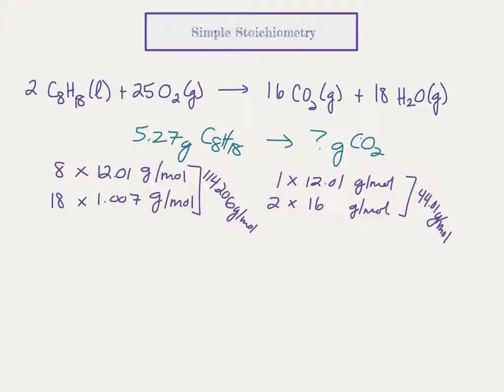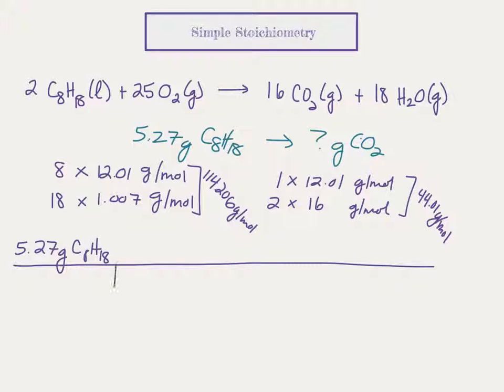Okay, so now what we're going to do is set up our problem in a dimensional analysis type of way. We'll write down 5.27 grams, our starting number, and then follow the idea that these grams need to be converted into moles.